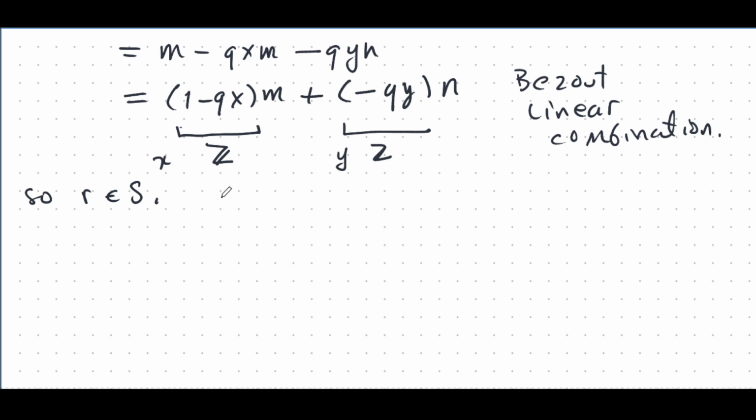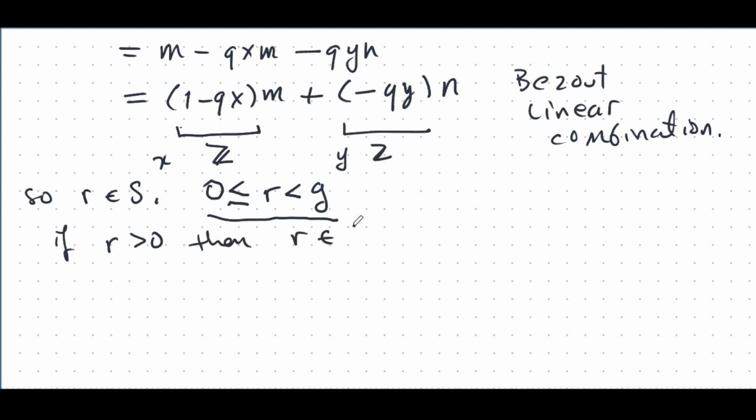So let's think about this. From Euclidean division, 0 must be less than or equal to R, which is less than G. If R is bigger than 0, then R is in S. Well, I shouldn't say that R is in S at this stage.